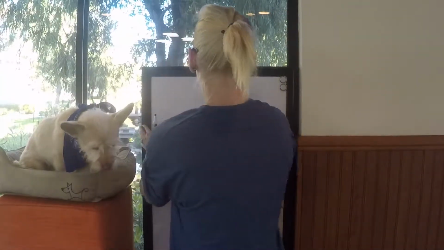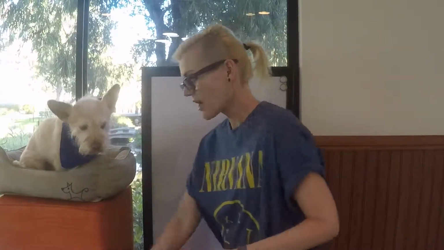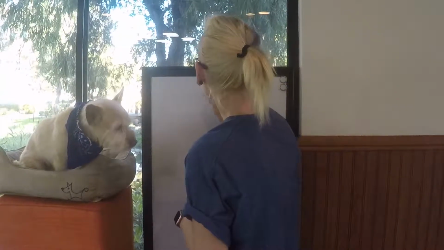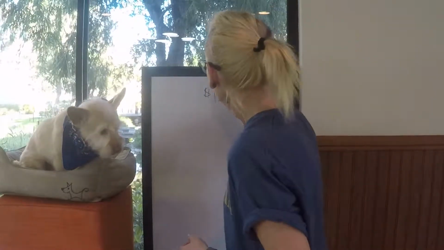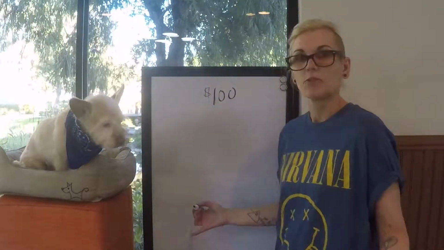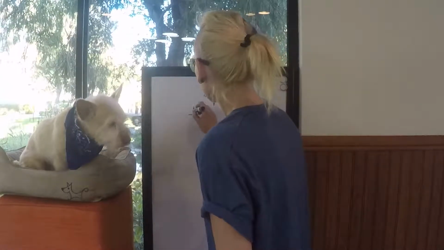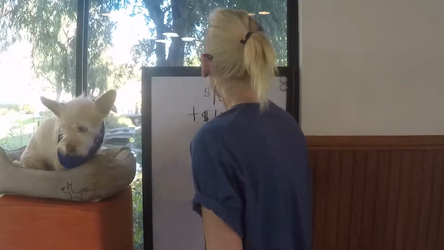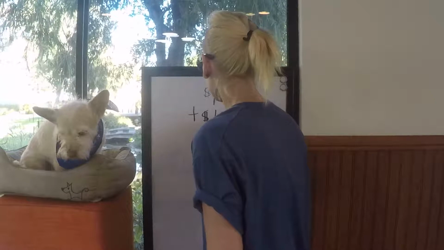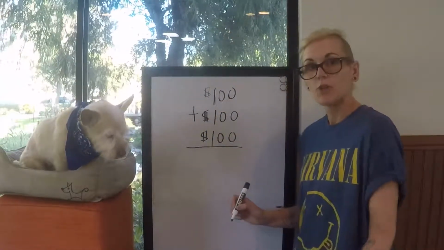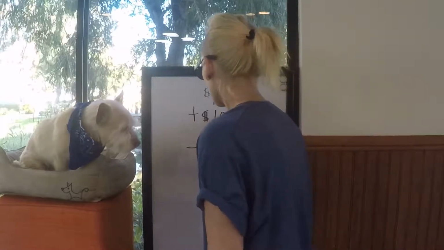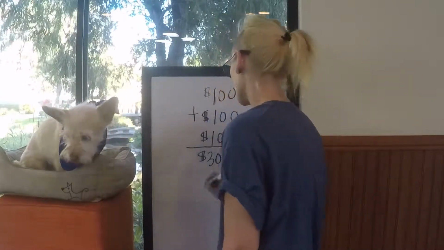Okay, so if I earn $100 a day, in one day I have $100. If I want to figure out how much I earn in 3 days, I could either add $100 3 times and get $300, or I could multiply.